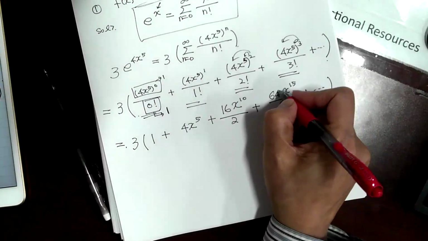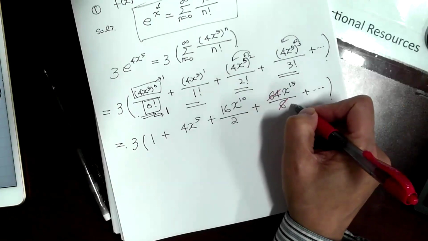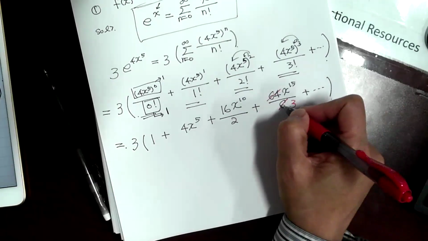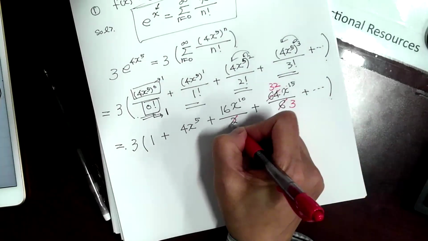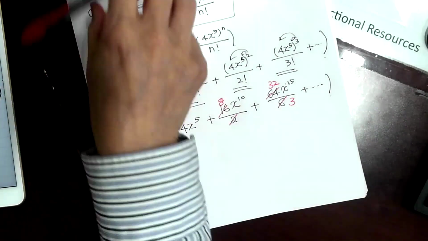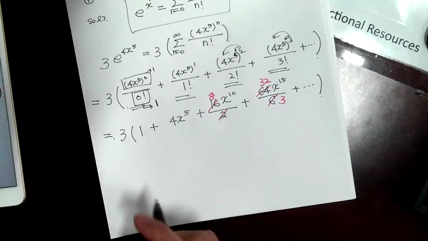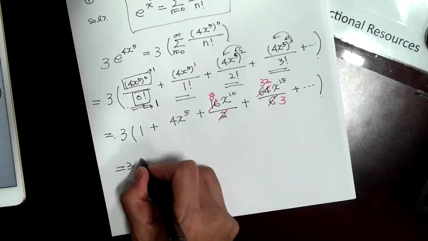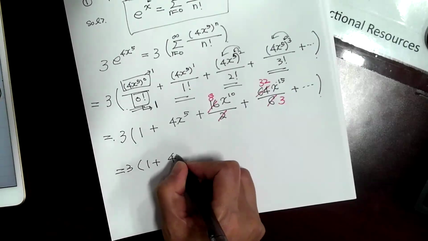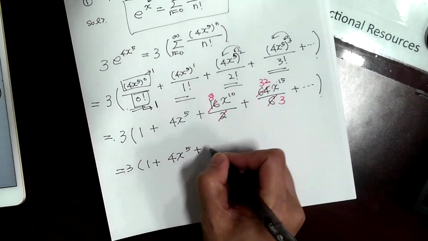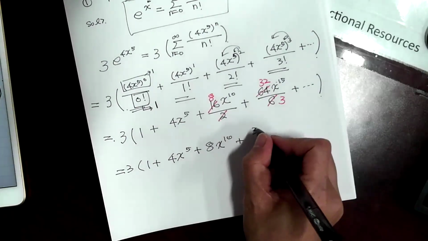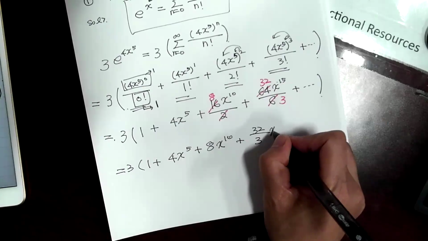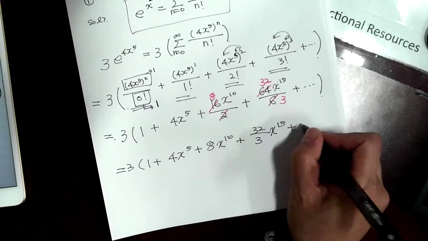So we divide by 2 on the numerator and denominator, then this one is 2 and this one is 32 and this is 8. So that is 3 times 1 plus 4 x to the 5th power plus 8 times x to the 10th power plus 32 over 3 x to the 15th power, and so on.